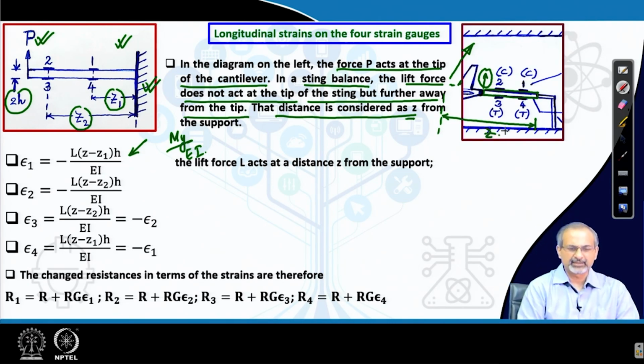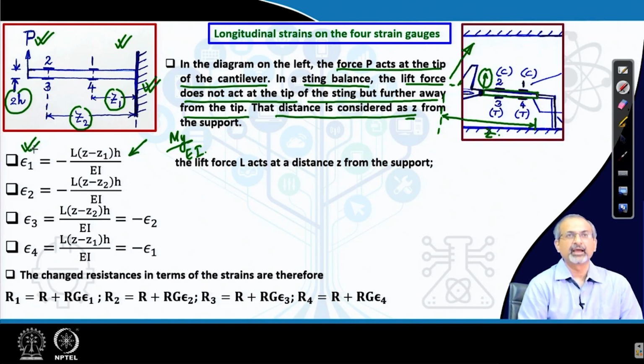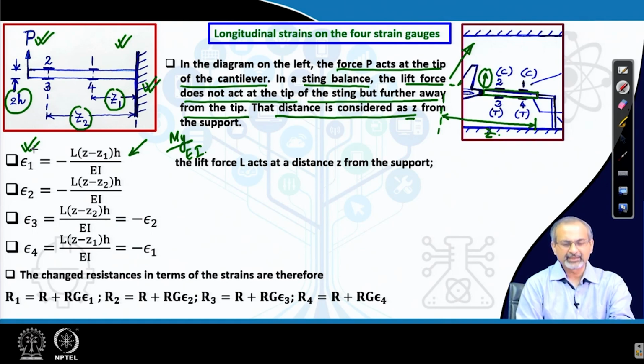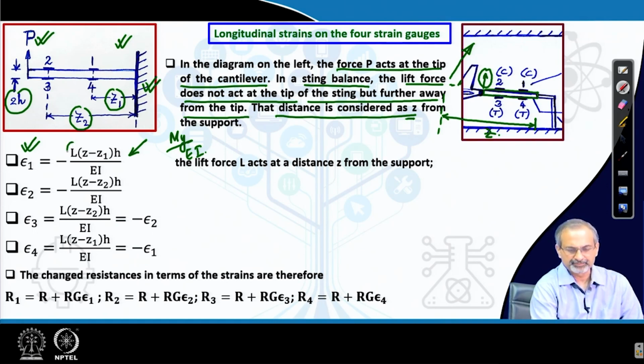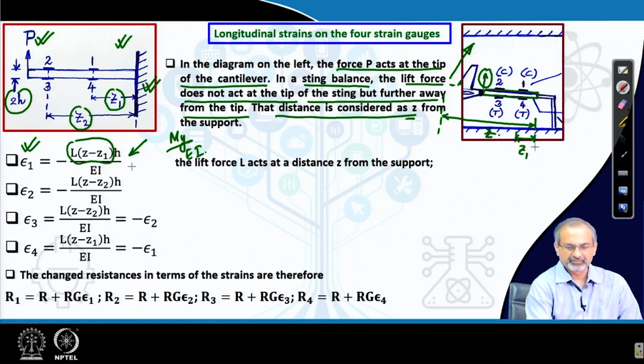So, if you consider that, then at location 1, the strain that we will have is epsilon 1 with a negative sign because it is compressive, and then L times (z minus z 1) is basically the moment. So, z minus z 1 being this distance is basically the moment arm that the load gets to act on that point 1, and then the rest is here, h is the y distance and EI at the bottom.